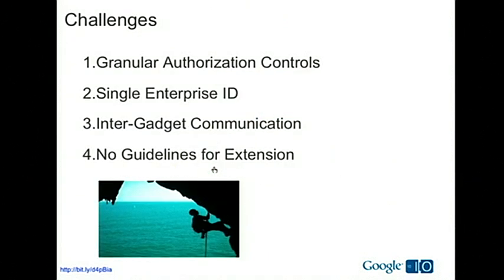Of course, when we are doing all those kind of things, we also face some challenges when we are designing and implementing our social applications. For example, even though the standard mentioned the people information could be extended, it doesn't address the granular role-controlled authorization.